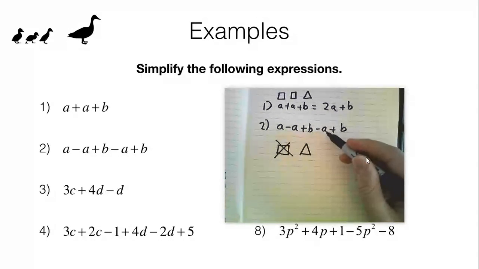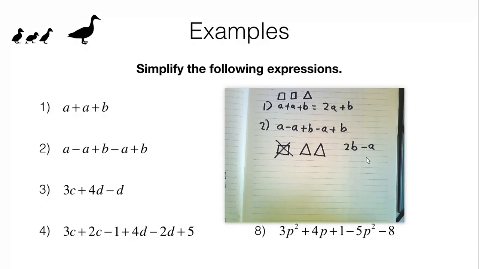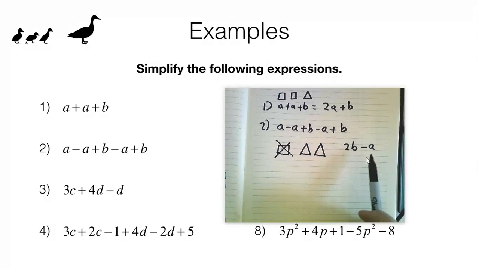So let's just put a pin in that. I need to take an a away and I need to add another b. So I've got 2b and I still need to take an a away. So let's think it through. a, take away another a. I had one, I took it away, and I still need to take another one away. 2b take away a.